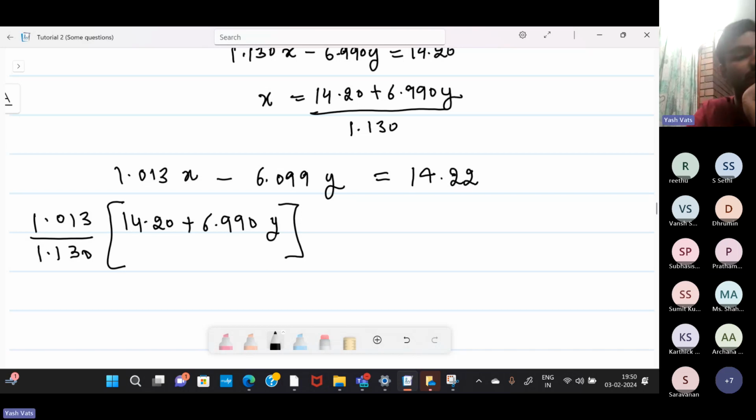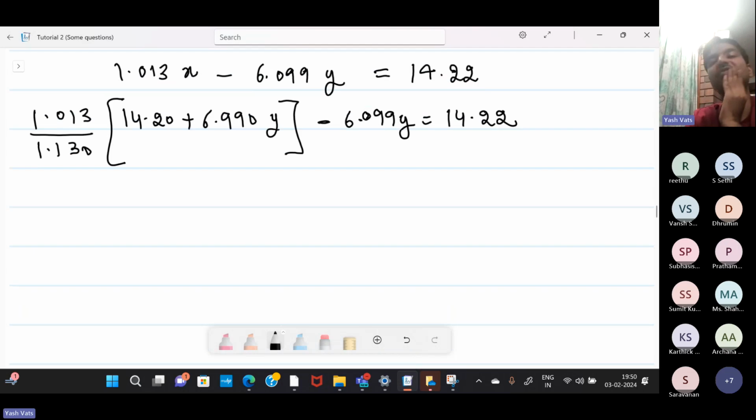So you just have to multiply this and divide by 1.130. Okay, let's find the value by this. So what is 1.013 divided by 1.130?